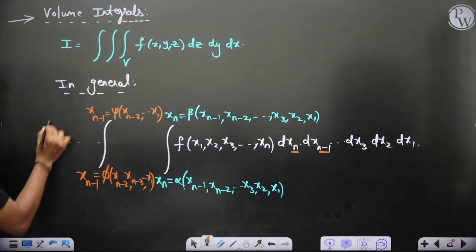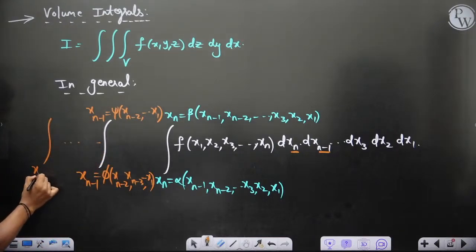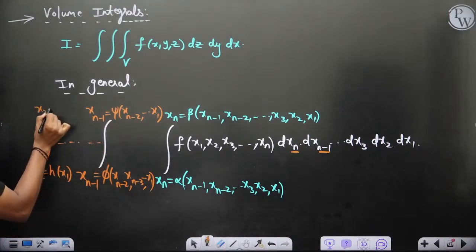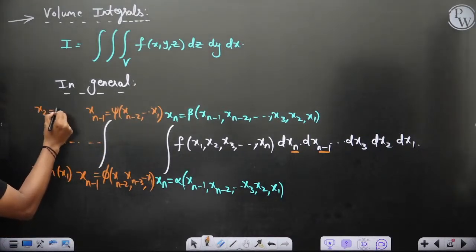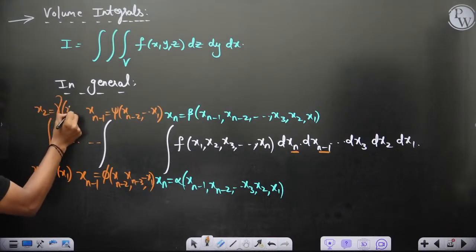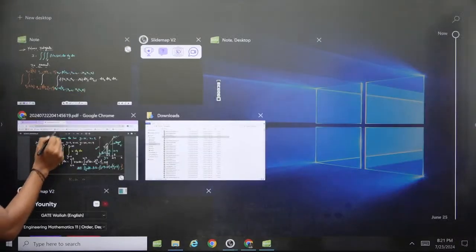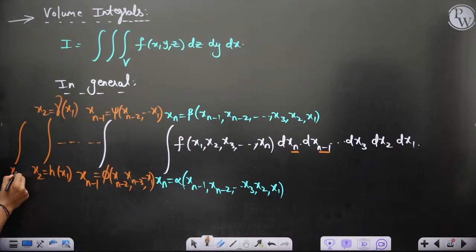This integral finally leads to x2 equal to some function, say gamma of x1, and finally the last integral consists of constant limits. The last integral consists of the constant limits, x1 is equal to a to x1 is equal to b.